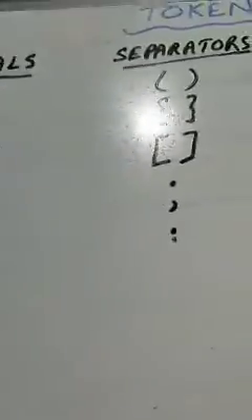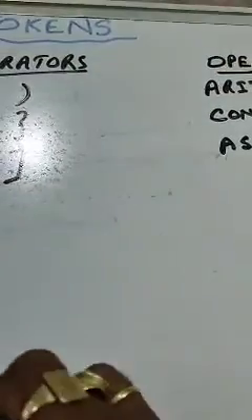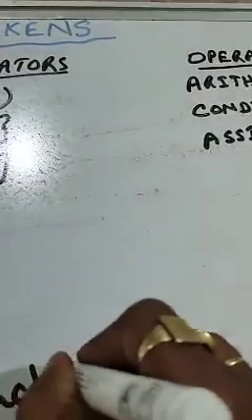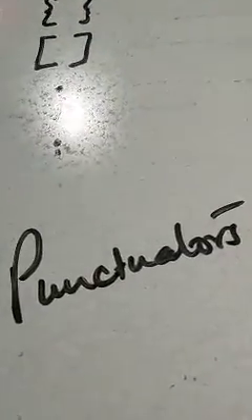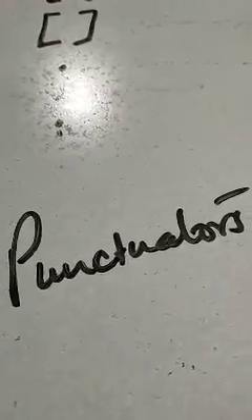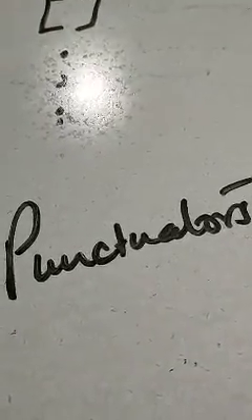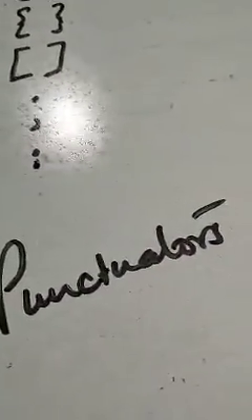Separators in Java are also known as punctuators. Please remember, they are also called punctuators. Punctuators means, in the English language we use punctuation marks, like the comma, semicolon, and colon. In Hindi we also use such marks. So these represent punctuation marks.